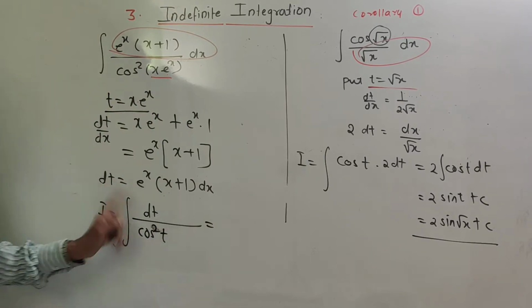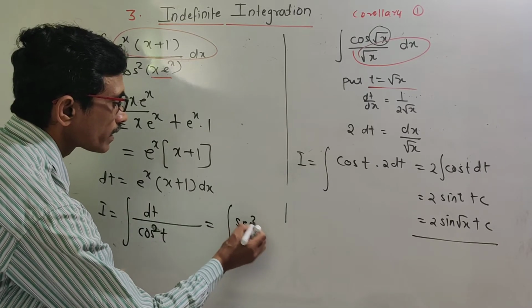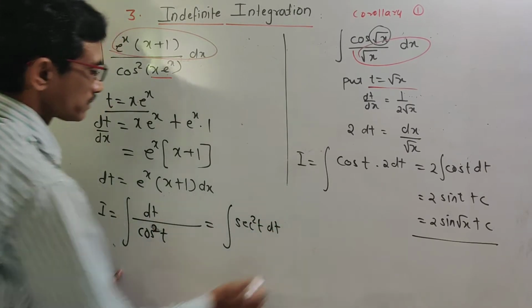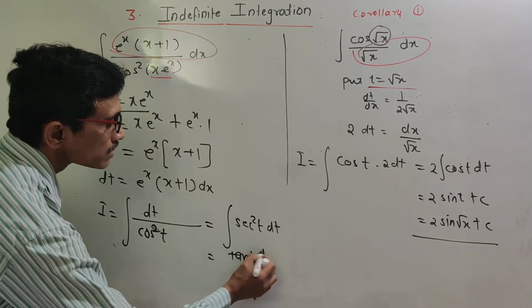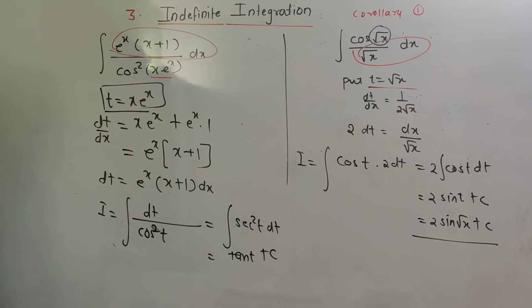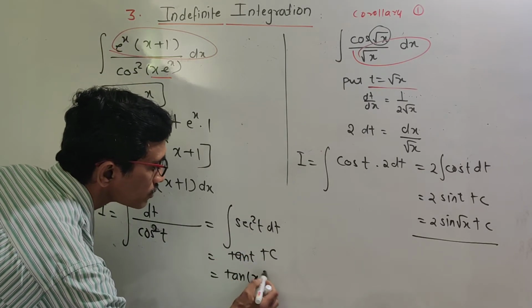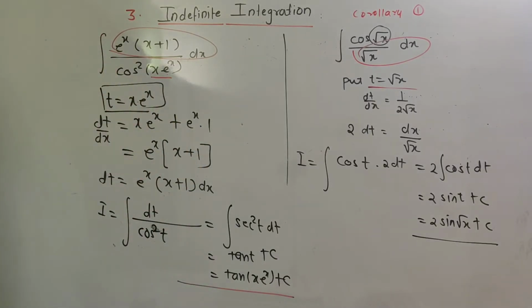Now 1 upon cos square is sec square, it is sec square t into dt, and integral of sec square is tan, so this will give us tan t plus c, and t is equal to, again we resubstitute, which is tan of x e raised to power x plus c. That will be our answer.